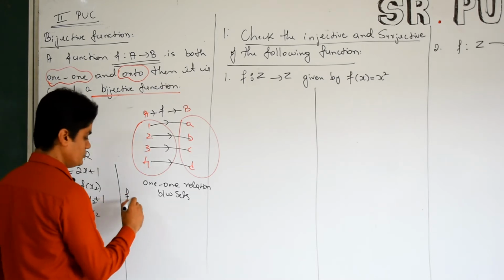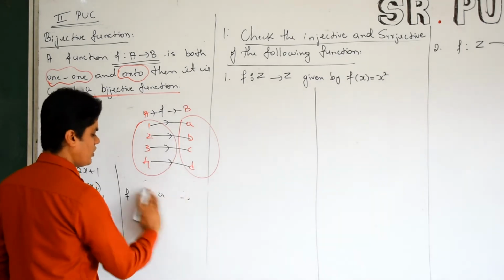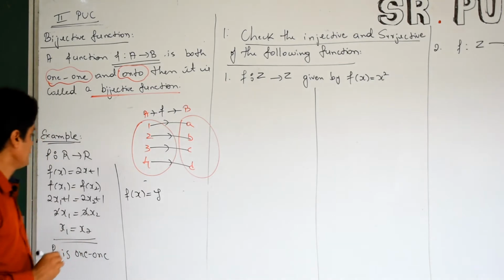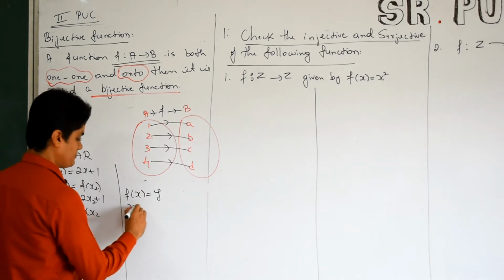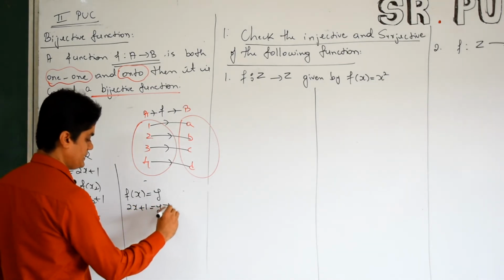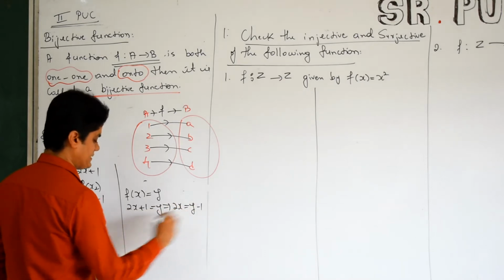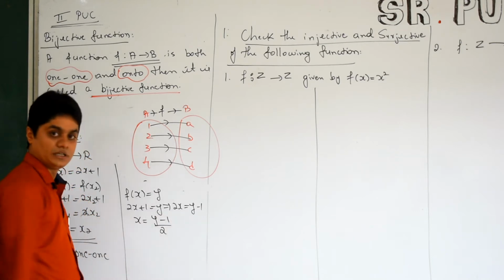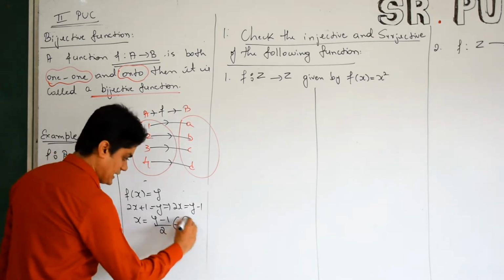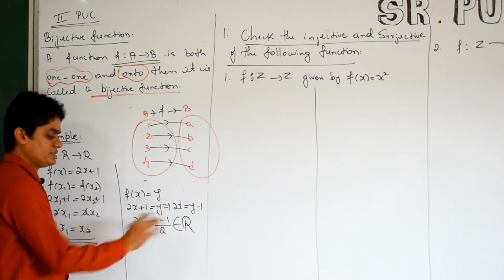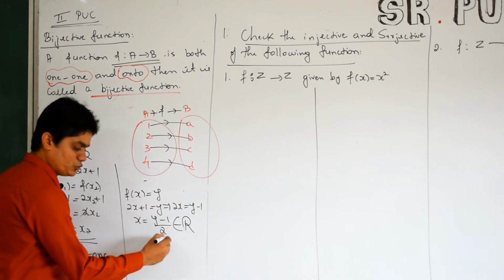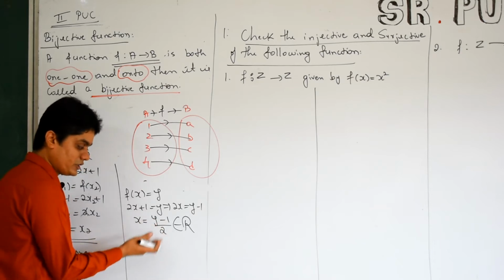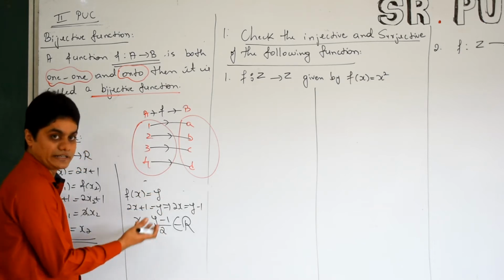Next, f is onto. Take f of x is equal to y. That is, 2x plus 1 is equal to y. This implies 2x is equal to y minus 1. This implies x is equal to (y minus 1) by 2. Now, does this always belong to R? Yes, because the denominator 2 cannot be 0, and there is no square root, so it cannot be imaginary.